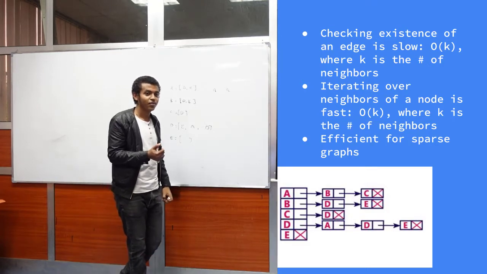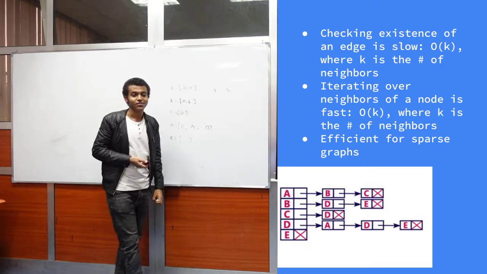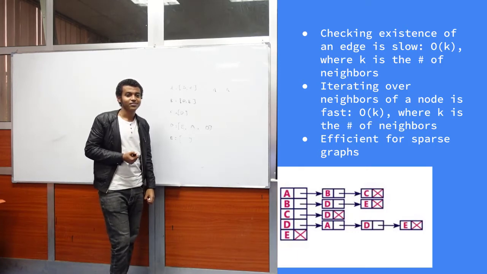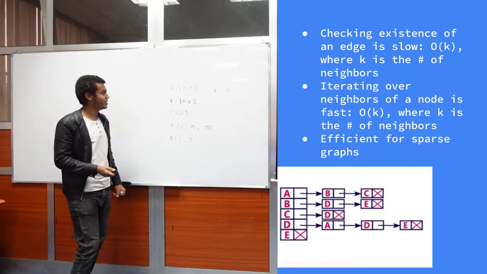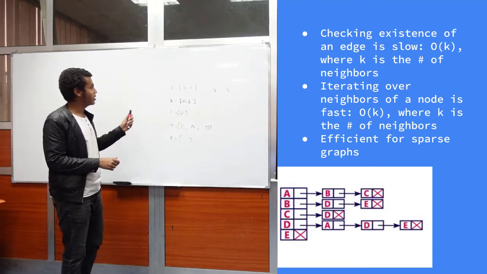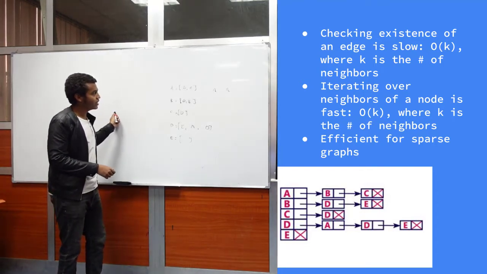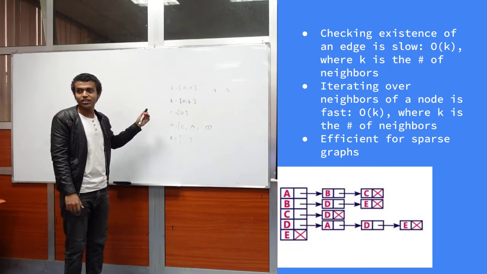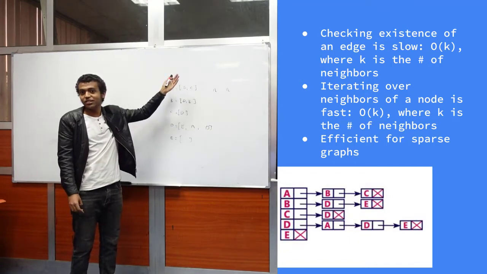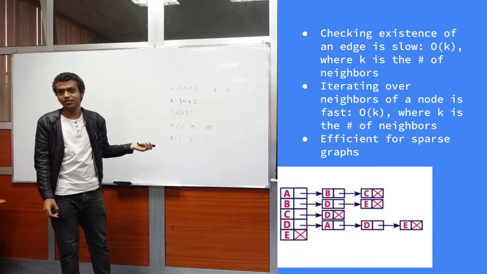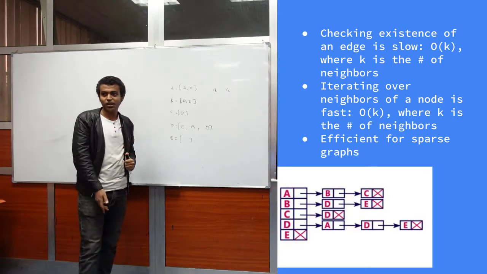If I try to check whether there is an edge between A and C, I will find in the neighbors set of A, if there's C. Yeah. So what he basically said is, in order to find if there is an edge between A and some vertex B, I just have to check if B exists in that set. So if it exists, that means there is an edge. Otherwise, there isn't, right?